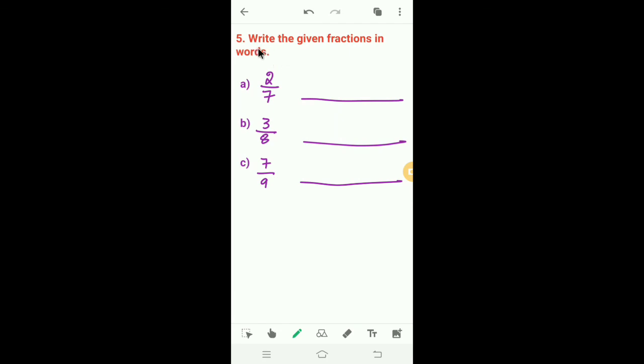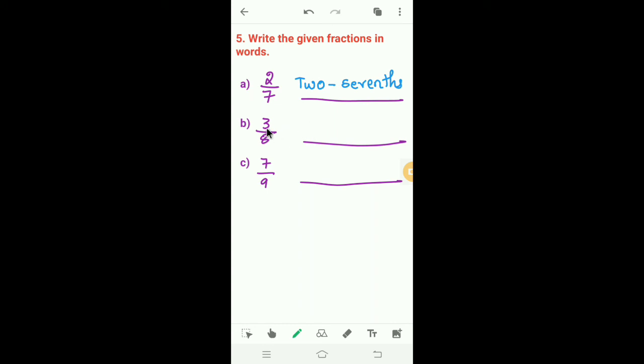Let's solve the fifth one. Write the given fractions in words. Here first one, 2 by 7. We can write 2 by 7 as 2 hyphen 7th. Next B, 3 by 8.